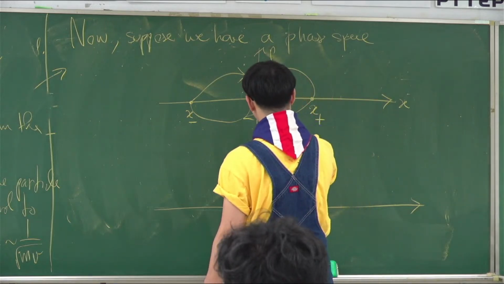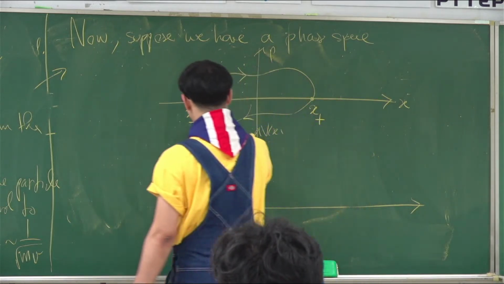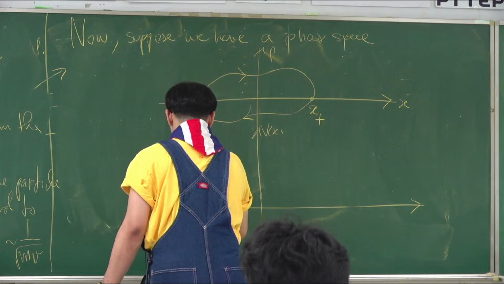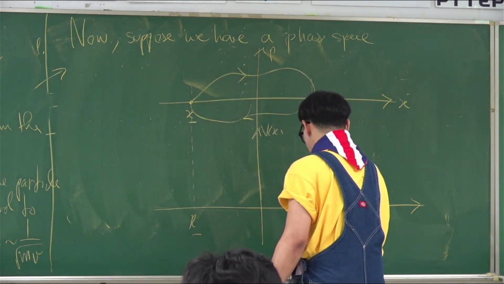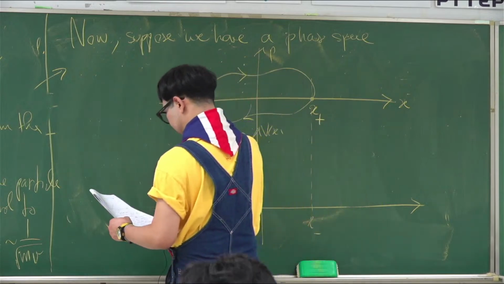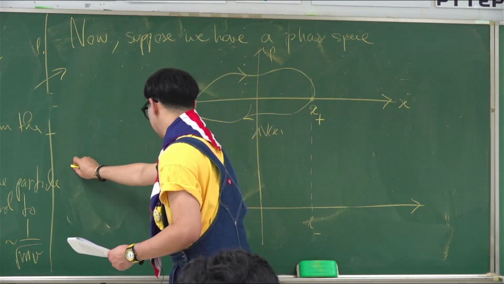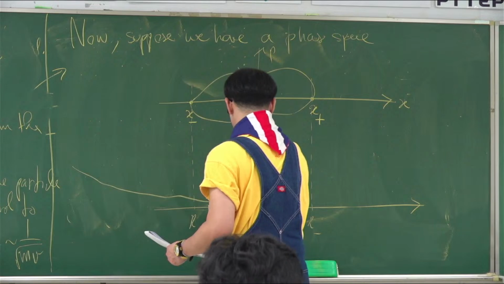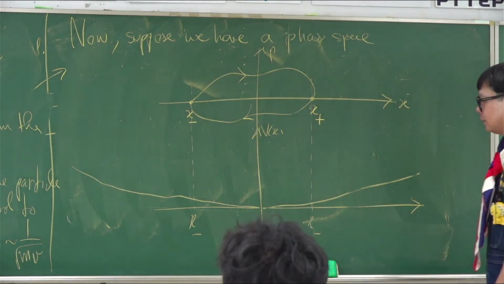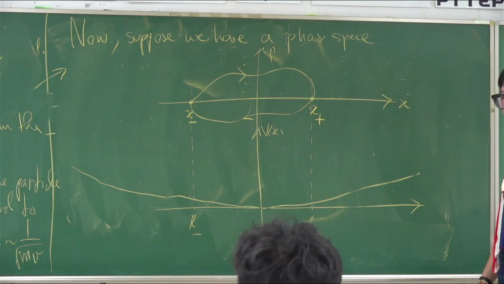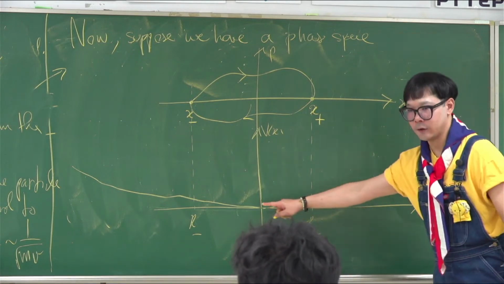Suppose this is your potential, right? It's going to give you something like this, okay? This is the shape of your potential.